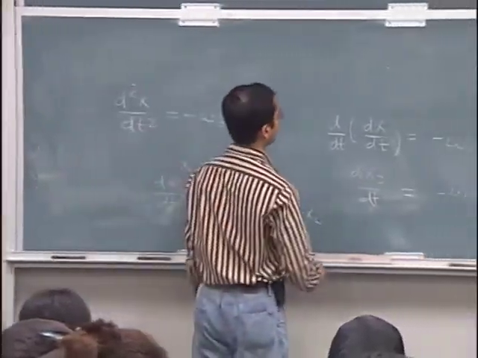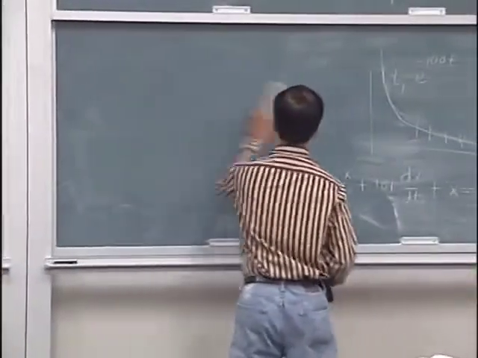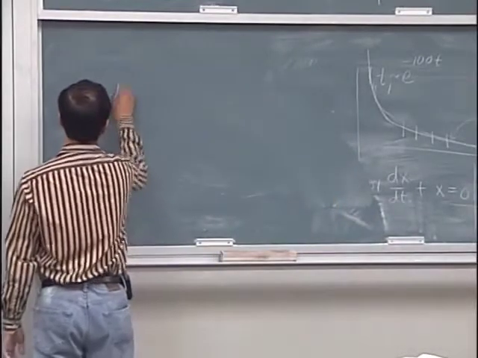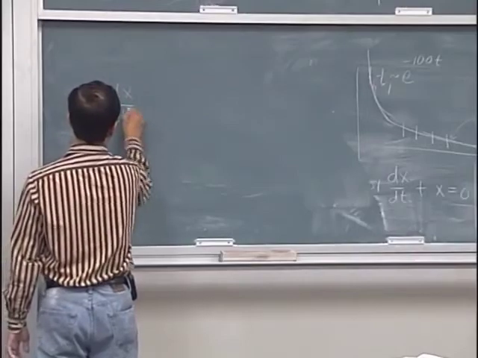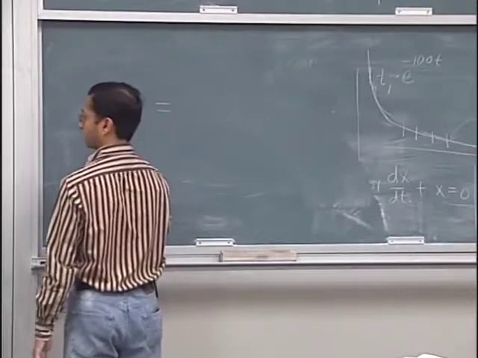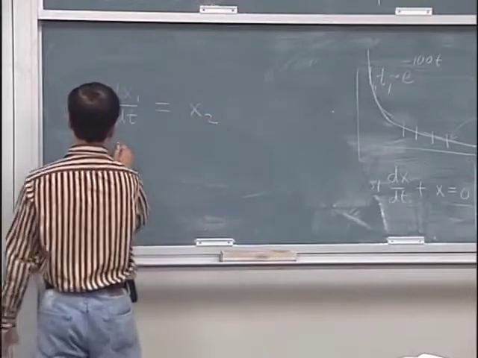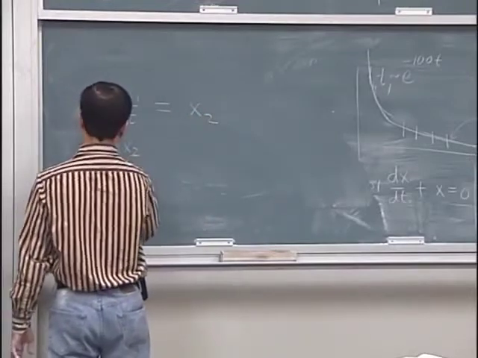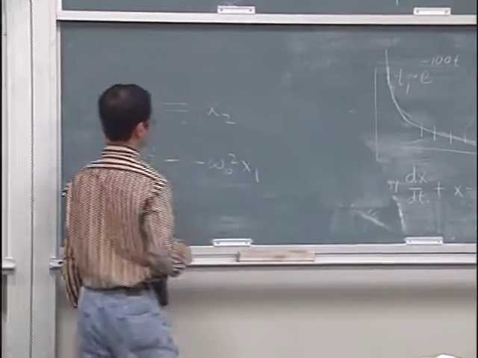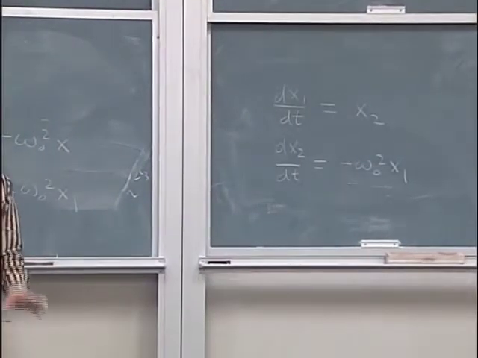So I now have two equations: dx1 dt equals x2 and dx2 dt equals negative omega 0 square x1. Anything you did not follow here?